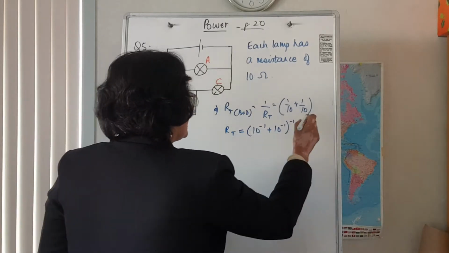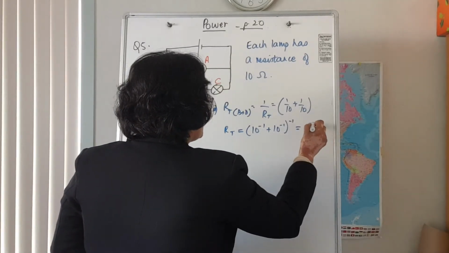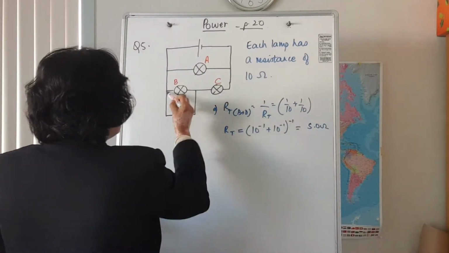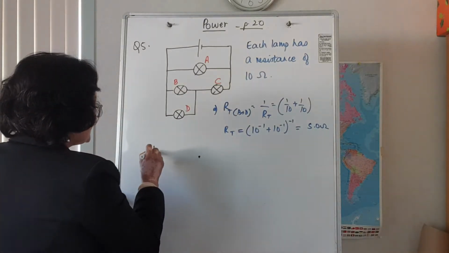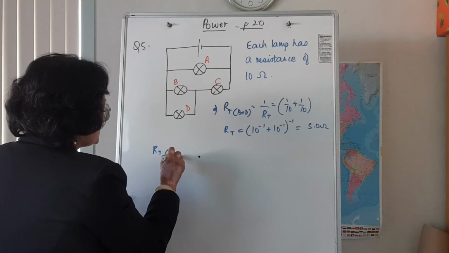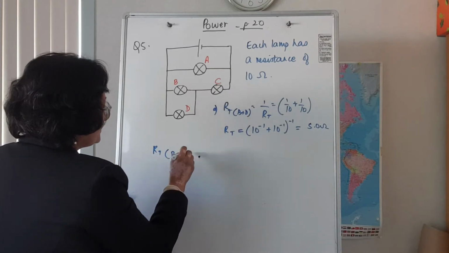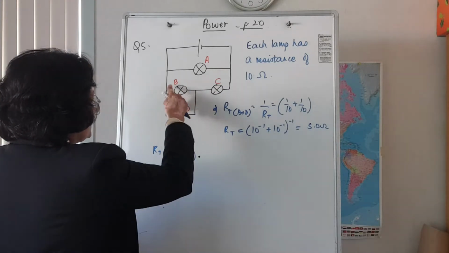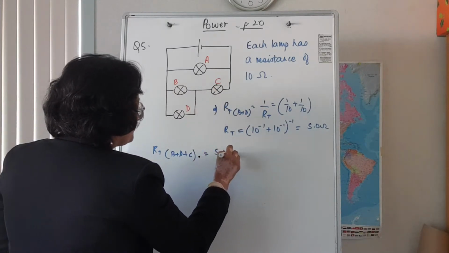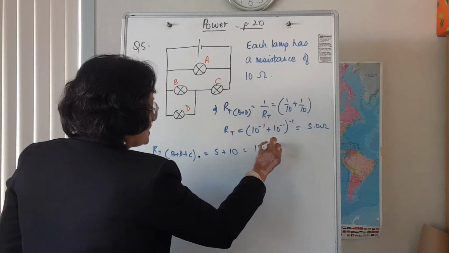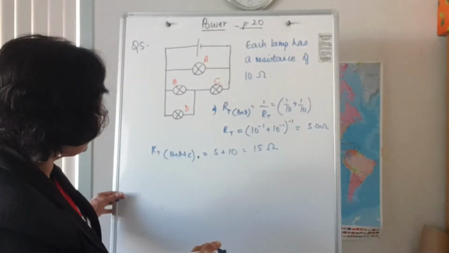Put that in your calculator and you get half of this, which is 5 ohms. So these two can be replaced by 5 ohms. Then the next step: we know the B and D combination is 5, and C as well, so that's 5 plus 10, which is 15 ohms.